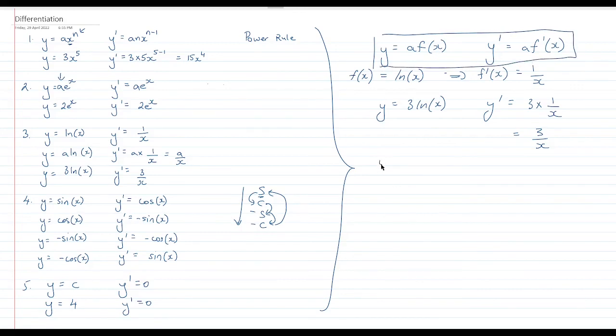So for example, if y was 4 times sine of x, the derivative of that would be 4 times the derivative of sine x. And we know that sine x derives to cos x, so it would be 4 times cos x. Now, it's really important to learn these 5 rules well, because they are used in further differentiation methods such as chain rule, product rule, and quotient rule.